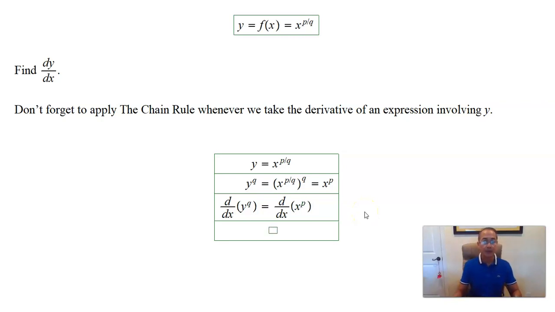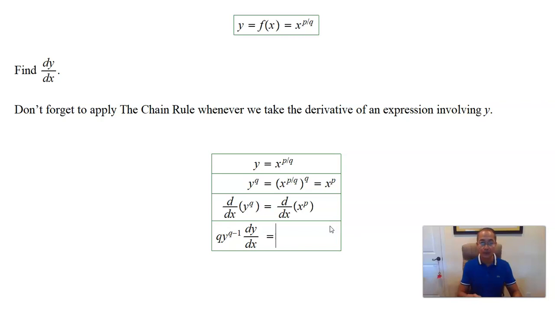Now we can apply the power rule, which says that you get q times y to the power q minus 1. But remember, every time you take a derivative that has a y in it, you have to apply the chain rule. So we have to multiply by dy by dx. On the right side, we don't have a y, so we simply have p times x to the power p minus 1 by the ordinary power rule.